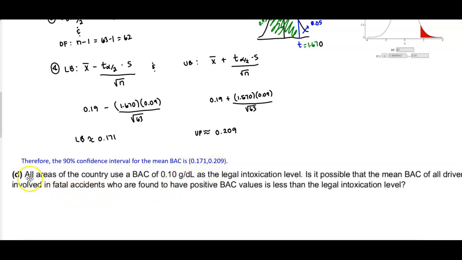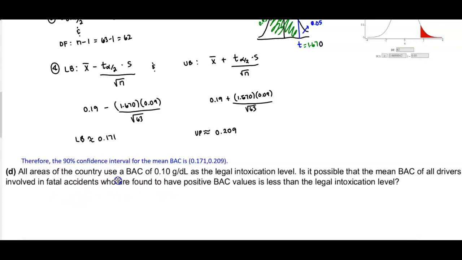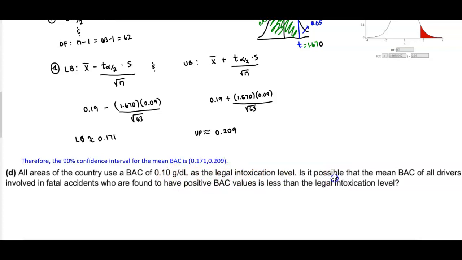Okay, now for part D, it says all areas of the country use a BAC of 0.10 grams per deciliter as the legal intoxication level. Is it possible that the mean BAC of all drivers involved in fatal accidents who are found to have positive BAC values is less than the legal intoxication level?